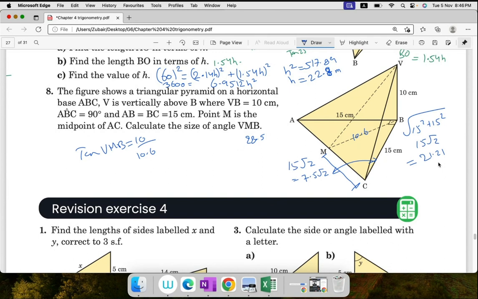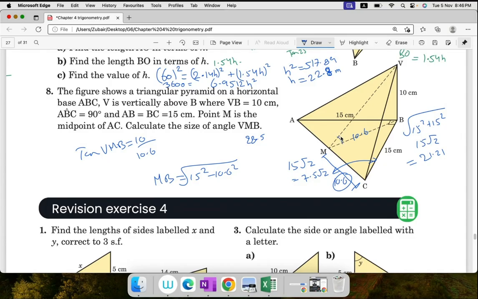And half of that is 10.6. So this side is 10.6 already. And then we subtract these two to find MB. MB is the square root of 15 squared minus 10.6 squared, and the square root of the answer is again 10.6.